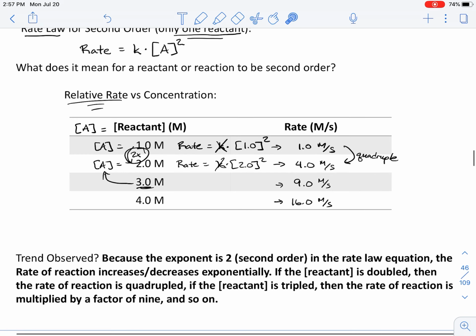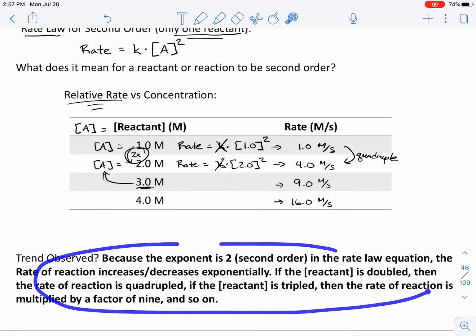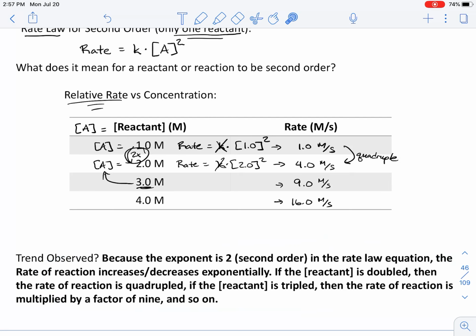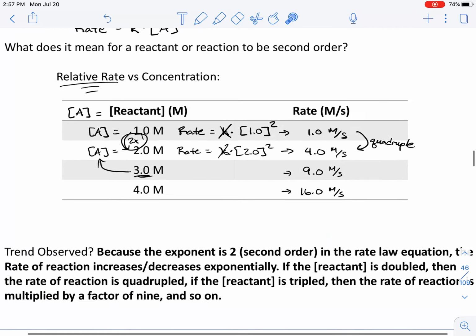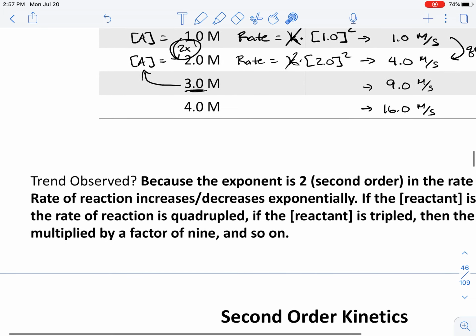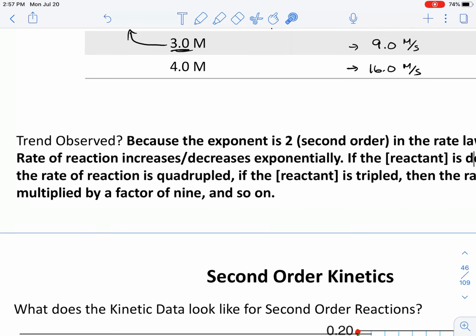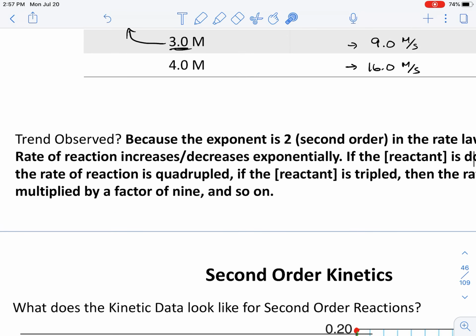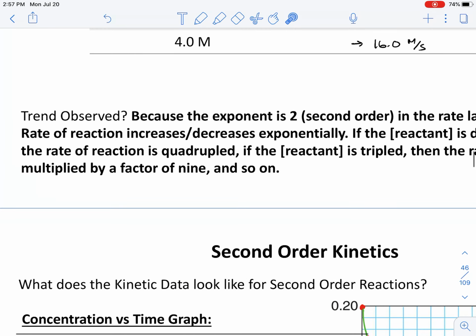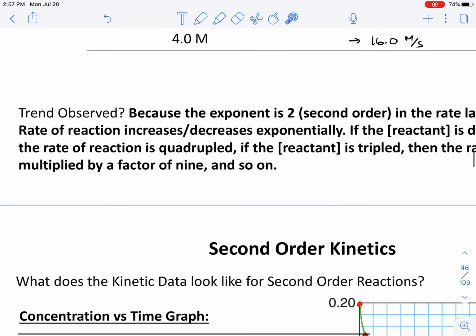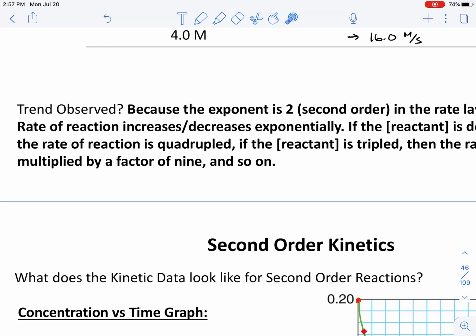All right, and so basically what I typed over here is what I just said verbally a few moments ago. Now, what we're going to look at is what the kinetic data looks like for second order reactions, once again in terms of concentration versus time.